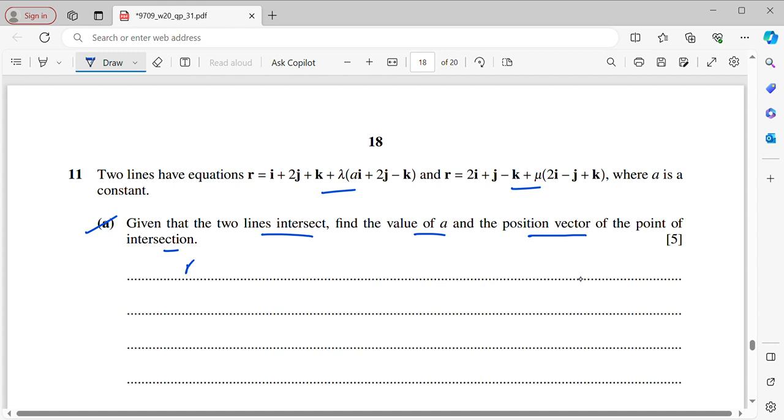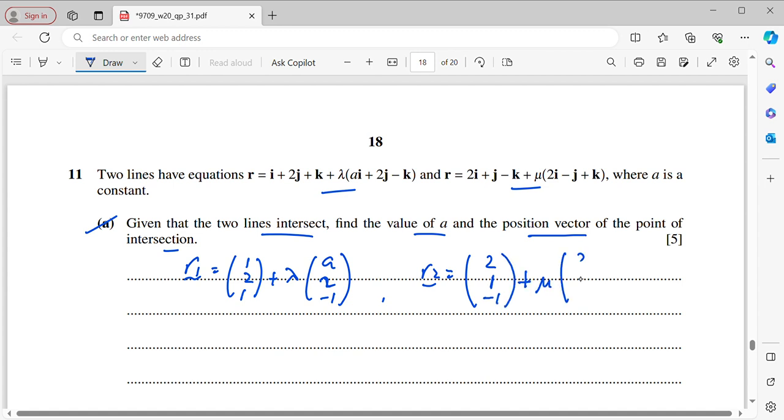So I will let R1 equals to 1i, 2j, 1k plus lambda of A, 2, negative 1. Okay, I express in this vector form. And then my R2 is going to be 2i, 1j, negative 1k plus mu of 2i minus 1j and positive 1k. So I will let R1 be R2 to get the intersection point.